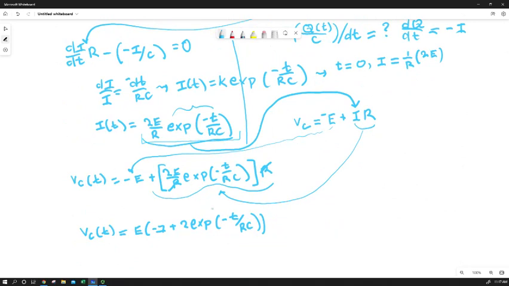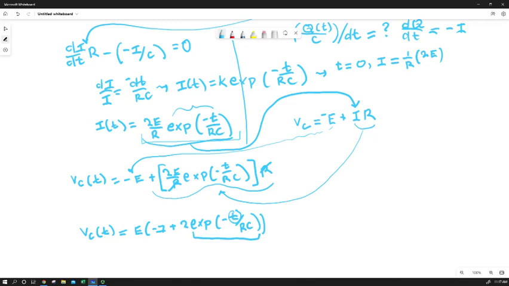So if I put in 0 for t, this term is 1 because the exponent of 0 is 1, because exponent means e, the number e, raised to the power of 0. Well, that's 1 because anything raised to the power of 0 is 1. So I would get E times negative 1 plus 2, which is E. So that checks. So my initial condition is right.